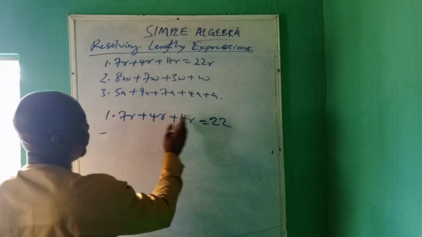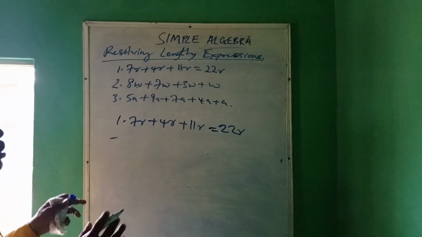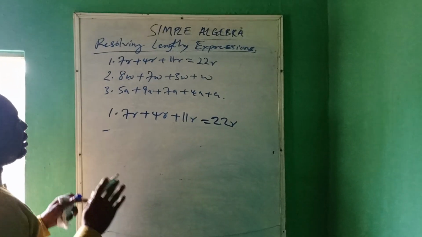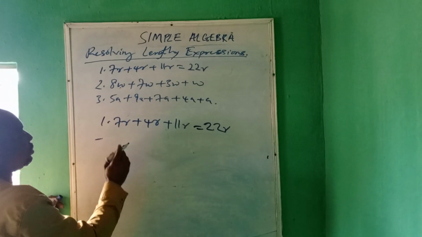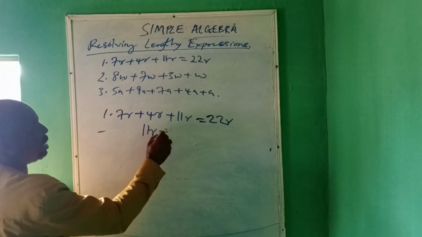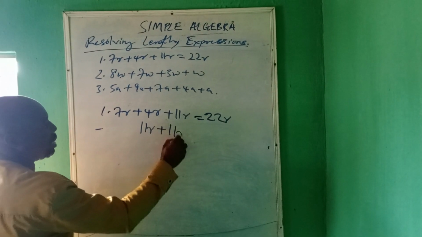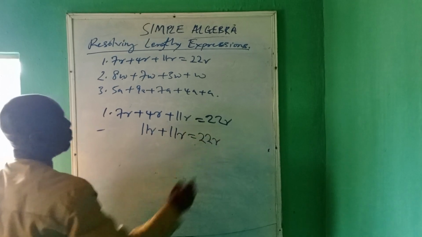And since you're dealing with hour, you have your 22 hour. Another way is to do it step by step. 7 hour plus 4 hour will give you 11 hour. And 11 hour plus 11 hour will now give you 22 hour.